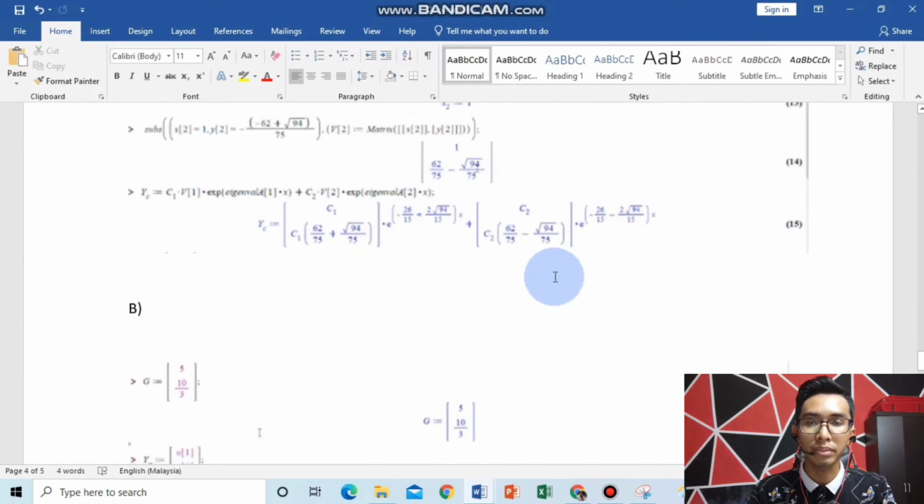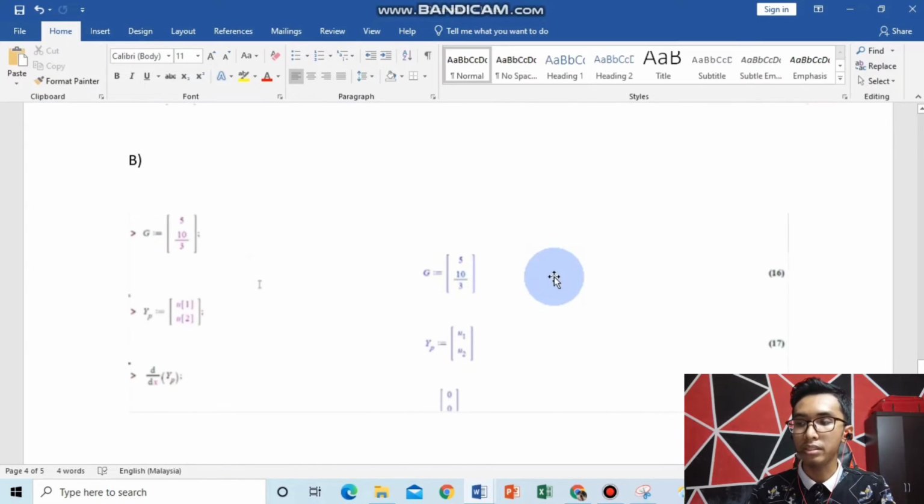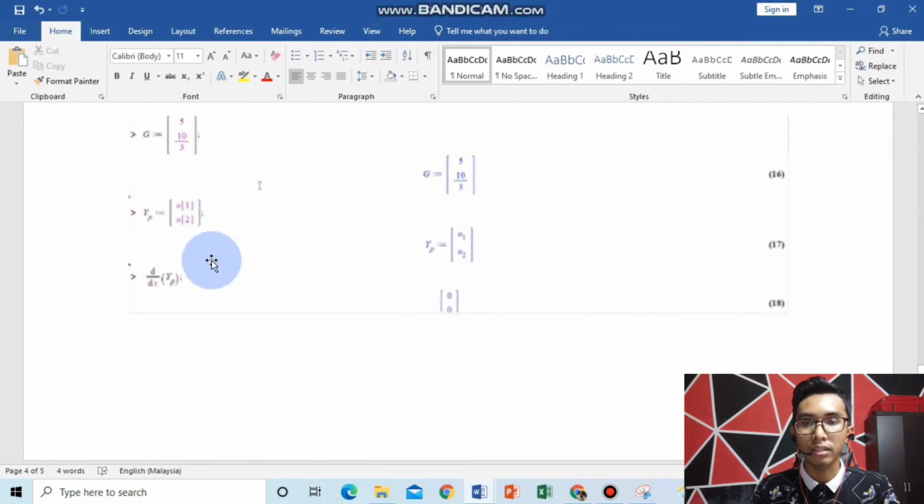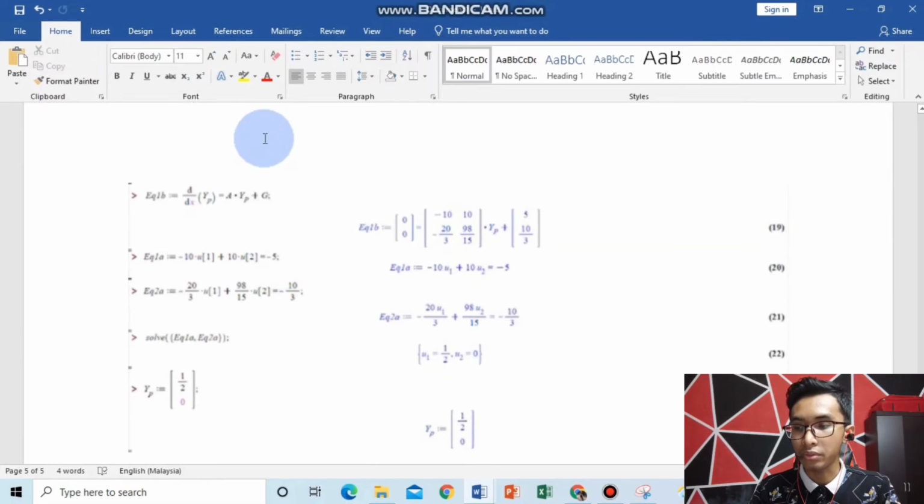For question B, first we need to assume yp. So g is equal to 5/10 over 3. After that we assume yp prime. We put this formula in, and then we get just like this. After that we need to compare yp prime with y prime here, using this formula.